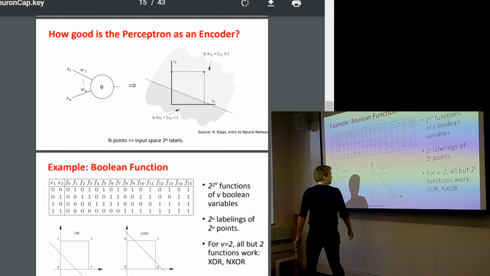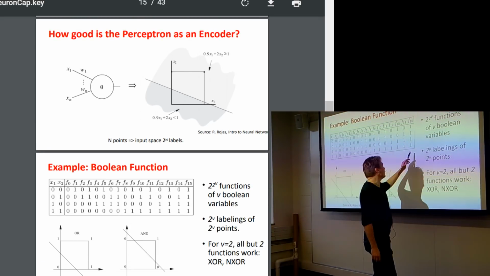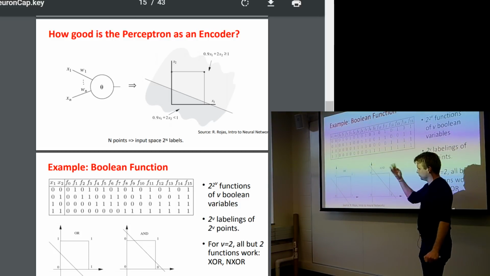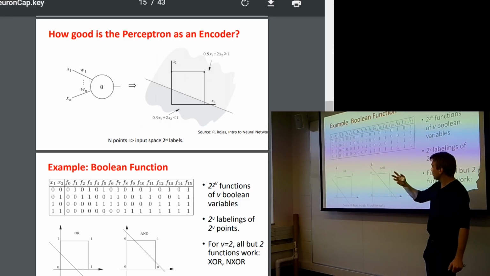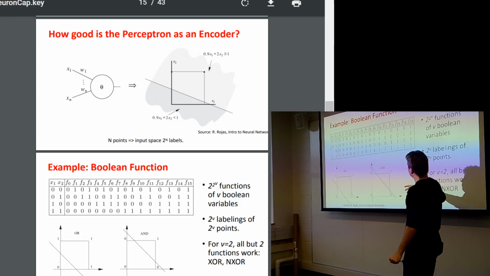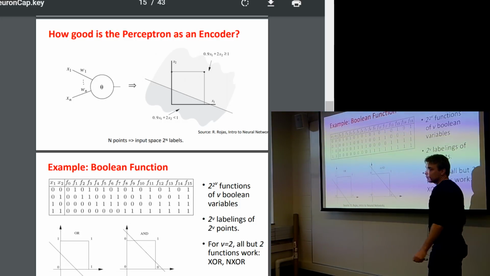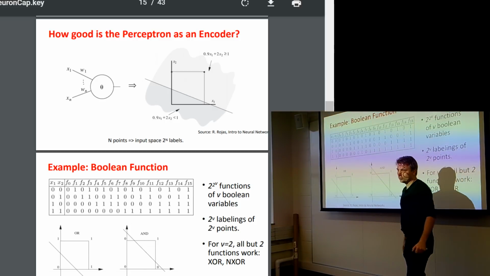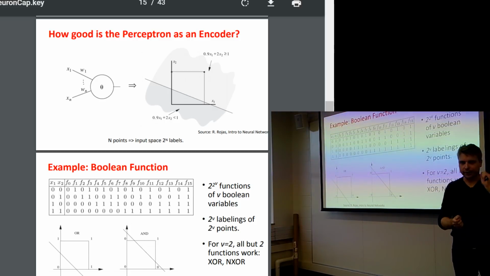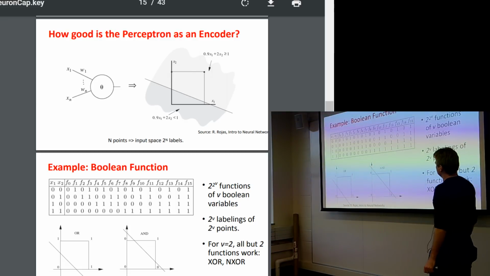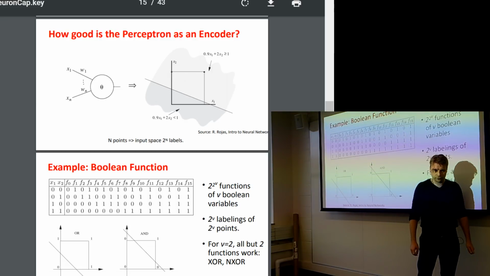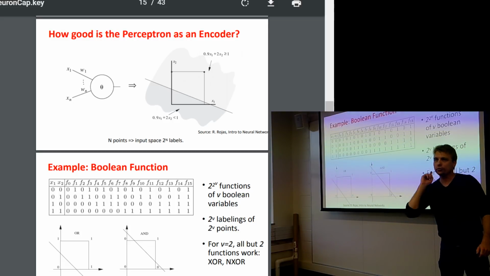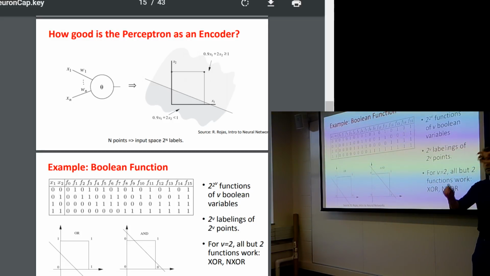So what you have is, for 2 variables, you have 4 points to label, right? But then 16 functions. So now of these 16 functions, it turns out, if you just do that by hand, that you can actually model all of these 16 functions but 2, so 14 of the 16 functions, with 1 threshold, right?